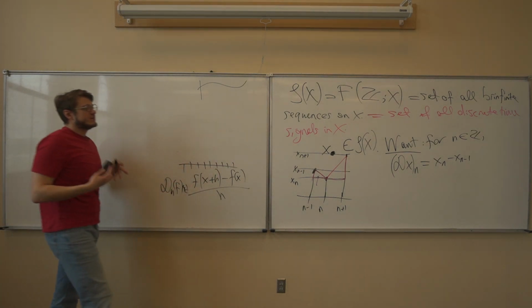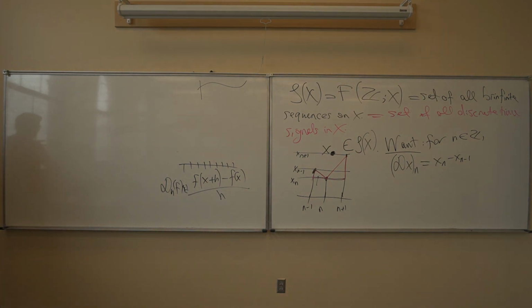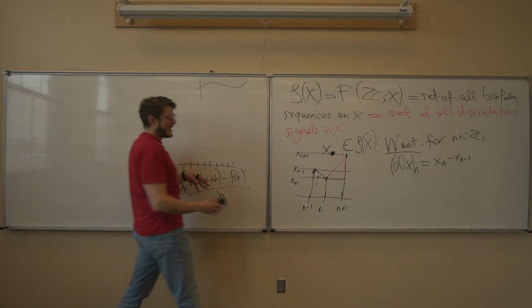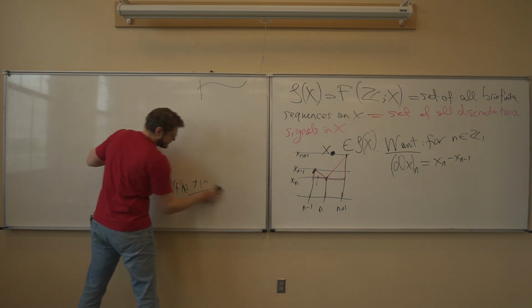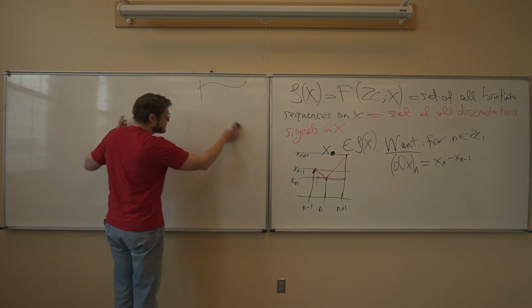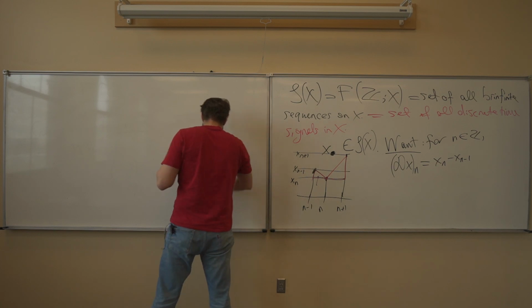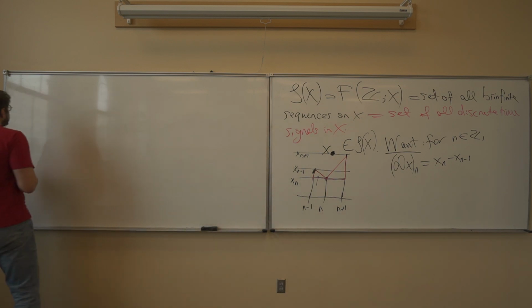So I would like to recover as many properties of standard calculus as I can within this discrete calculus formalism. Some things are going to be different, of course, but I would like to keep track of the analogies.